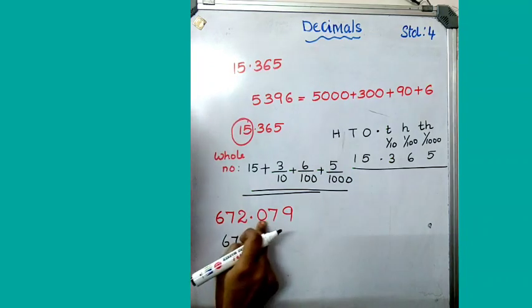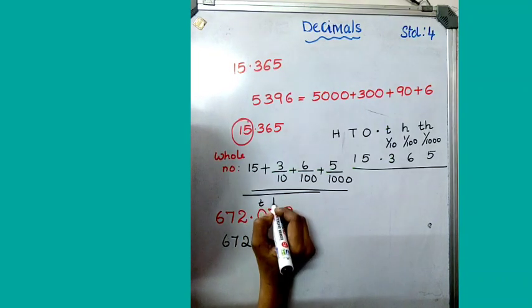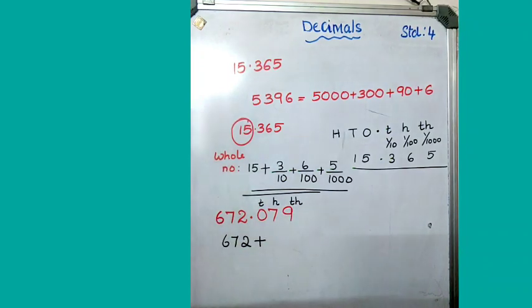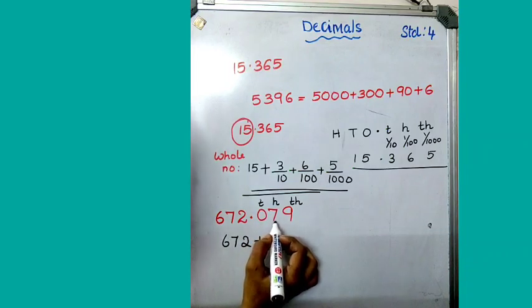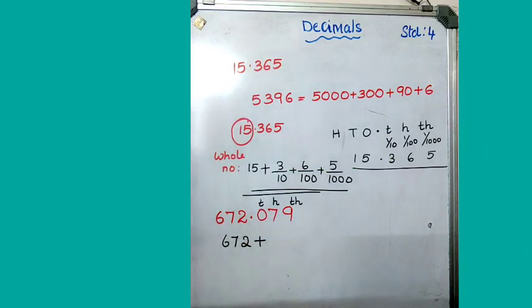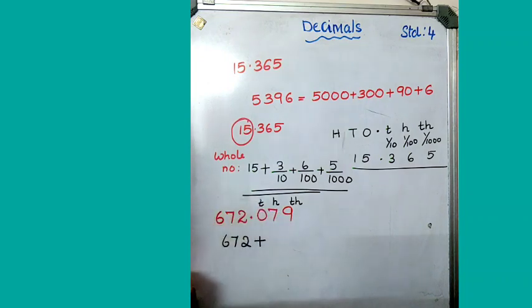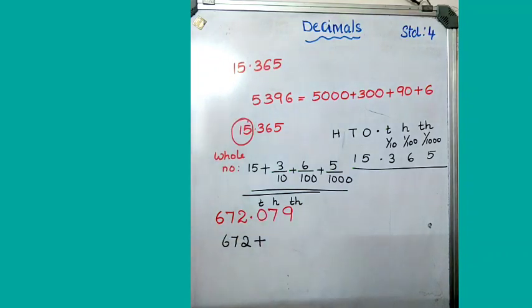Then identify these places: this is in the 10th place, this in the 100th place, and this in the 1000th place. 0 in the 10th place, 7 in the 100th place, and 9 in the 1000th place. How does this come instead of 0? This 0 in the 10th place means 1 by 10, 0 by 10. 0 by 10 means it is 0.